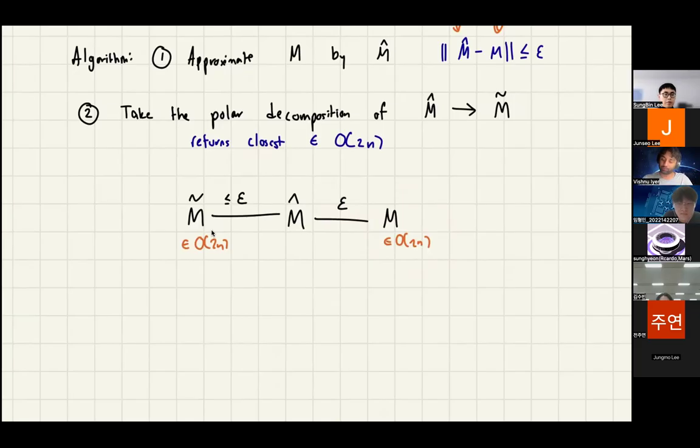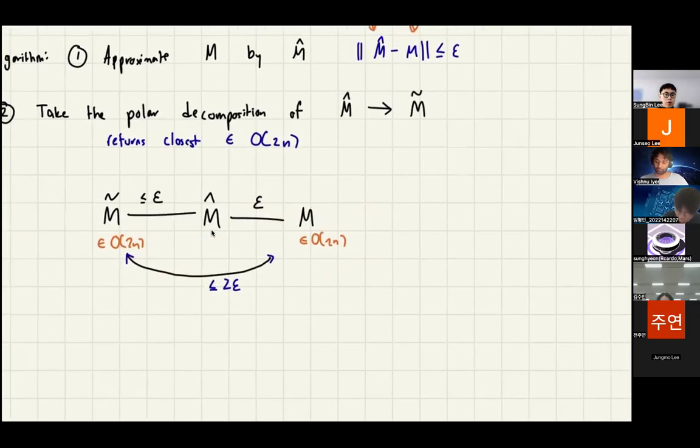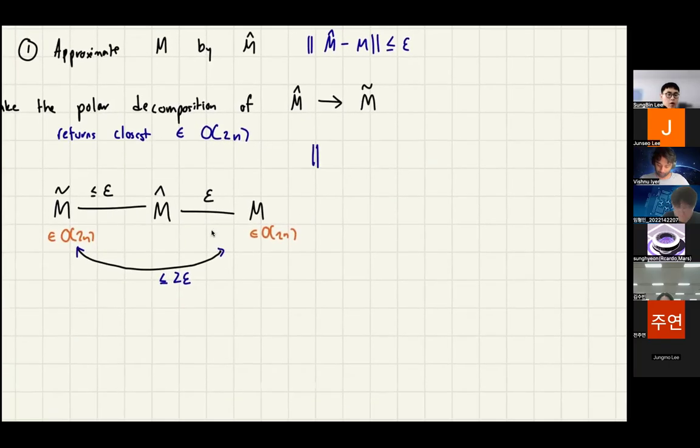What this means is that the distance is less than or equal to 2 epsilon. The guarantee is that M tilde minus M is less than or equal to 2 times epsilon.